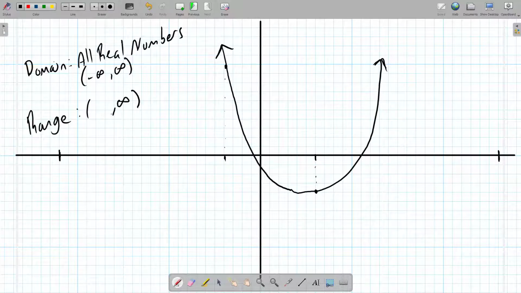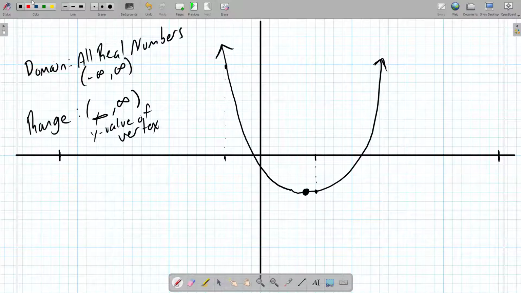The lowest part is actually at the vertex. So whatever the vertex is, specifically the y value, will tell us what the lowest point of the range is.